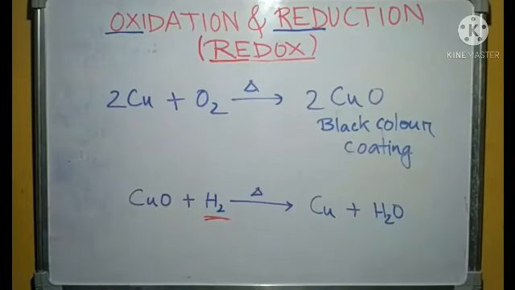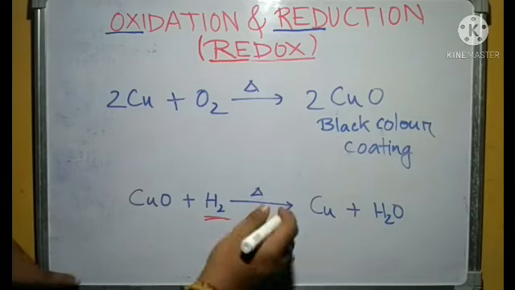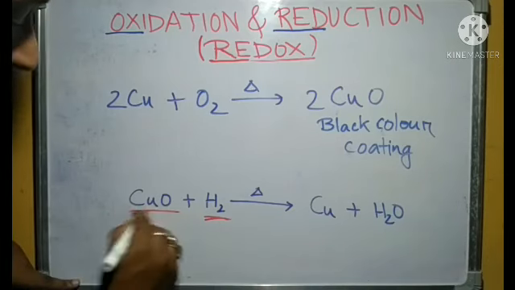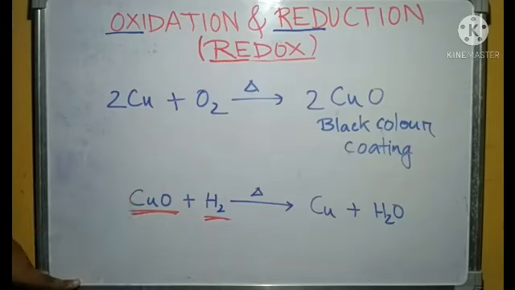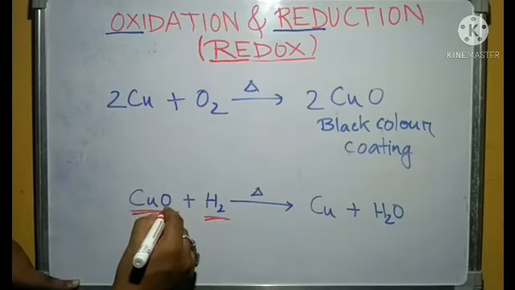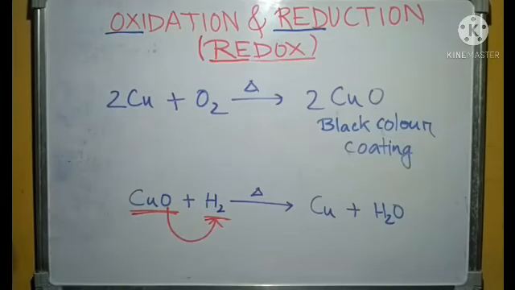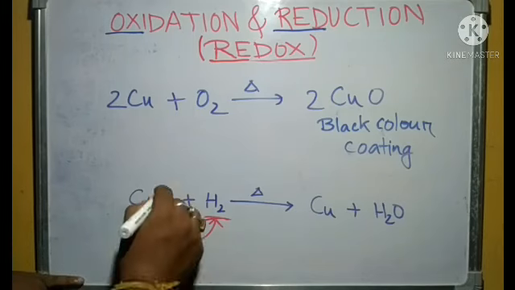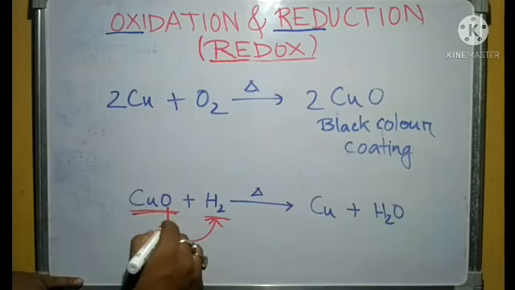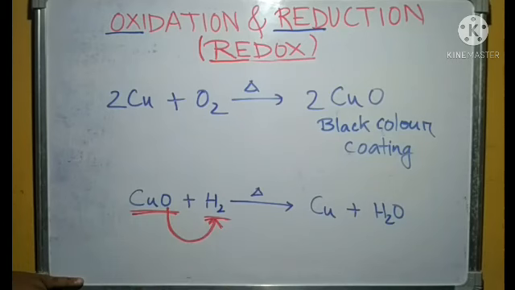When you are doing this reaction, what happens? The copper oxide, CuO, has an oxygen atom. This copper oxide loses the oxygen atom to hydrogen gas. In this reaction the oxygen atom moves from copper oxide to hydrogen gas.